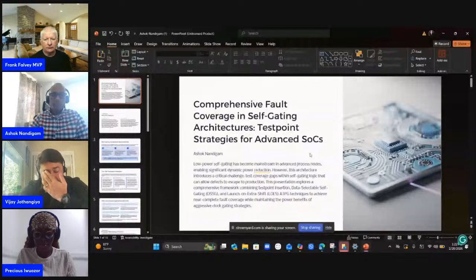That way, the power impact will be reduced drastically, and we can run multiple GPUs at the same time. But having said that, using that kind of a clock architecture, there is an issue with respect to testing, right?